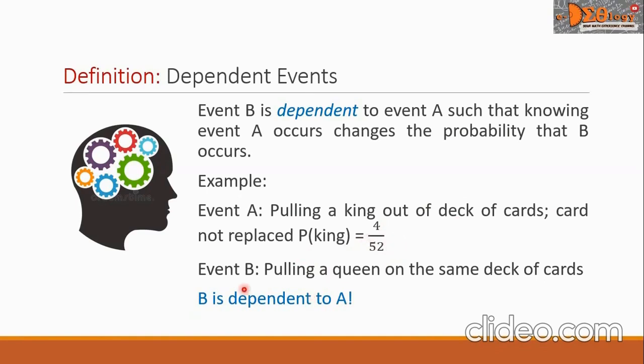For event B, pulling a queen from the same deck of cards, the probability is P of queen equals 4 over 51. There are 4 queens in a deck of cards, and 51 is the total number of cards in a deck of cards, assuming that the first card is not replaced.